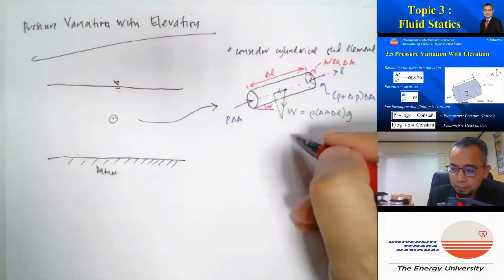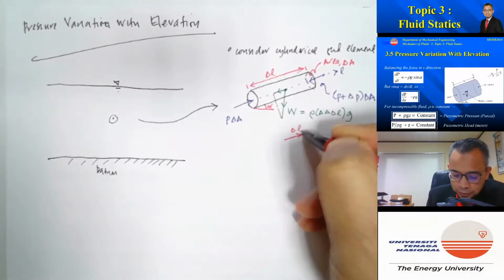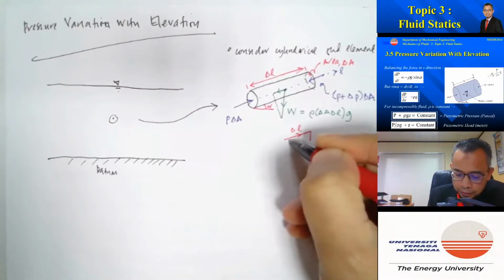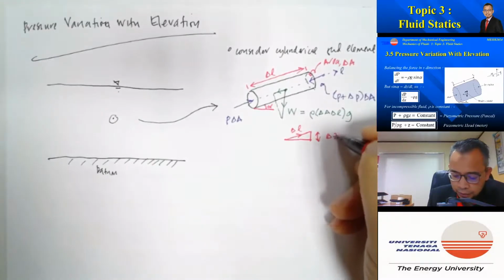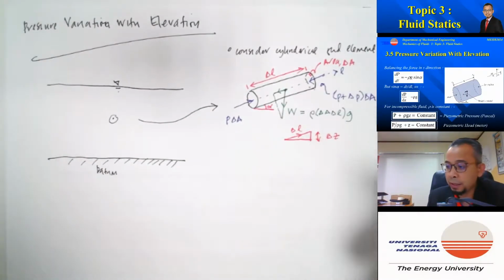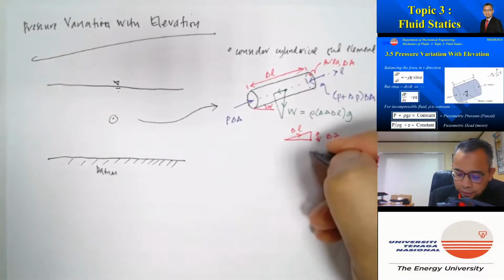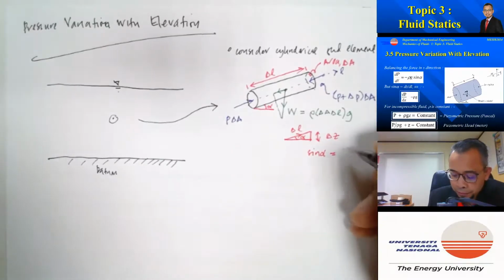We can also observe that if this is delta L, the height here is delta Z. So this is the Z axis, and this is the delta L axis. So we can write that sine alpha is equal to dz over dl.